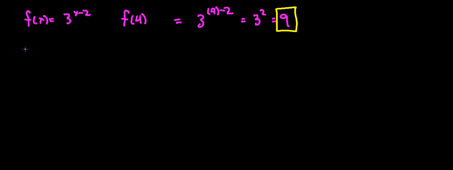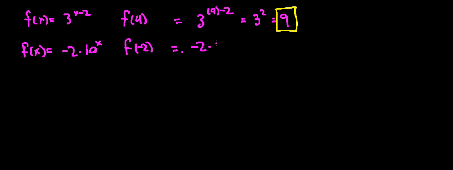We'll do one more. We'll do f of x is equal to minus 2 times 10 to the x. And I want to know f of minus 2. Here it's alright that the base is being multiplied by a negative number. It's okay if the base is being multiplied by a negative number, as long as the base itself is not a negative number, because that'll create a problem in the domain. So what we can do is just substitute in minus 2.